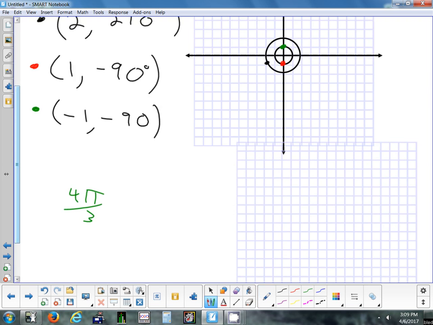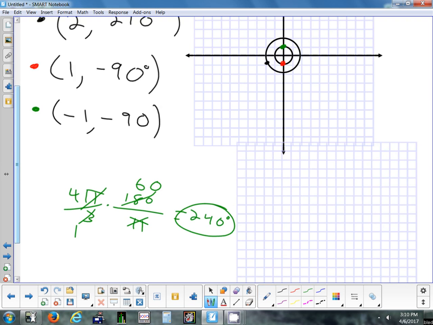You multiply it by 180 over pi. 3 goes into 180 sixty times, and then you're left with 4 times 60, so the answer is 240. You're just canceling out the pi. You always multiply by 180 and divide by pi to convert radians to degrees. Degrees to radians, you flip it.